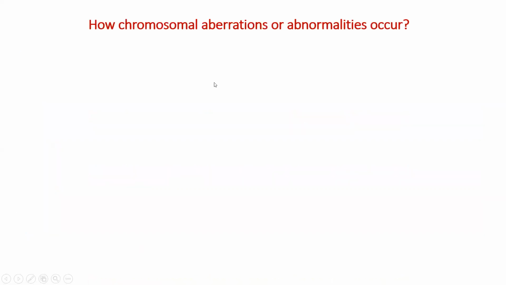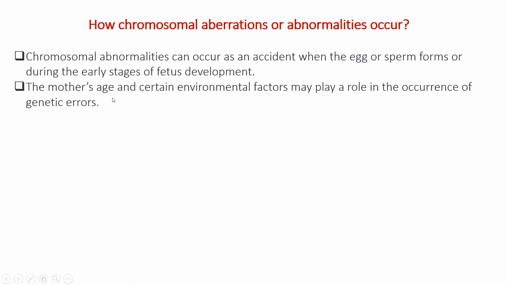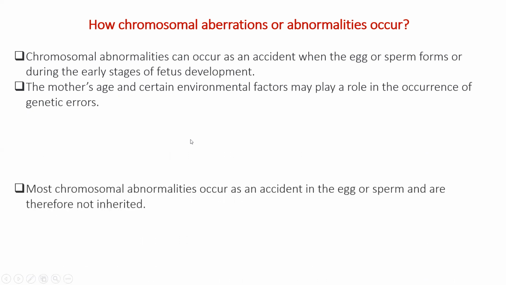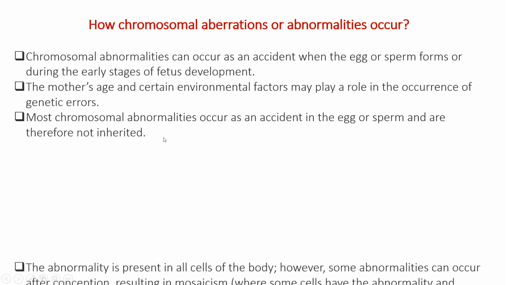And last, how chromosomal aberration or abnormality occurs. Chromosomal abnormalities can occur as an accident when the egg or sperm forms or during the early stages of fetal development. The mother's age and certain environmental factors may play a role in the occurrence of genetic errors. Most chromosomal abnormalities occur as an accident in the egg or sperm and are therefore not inherited.